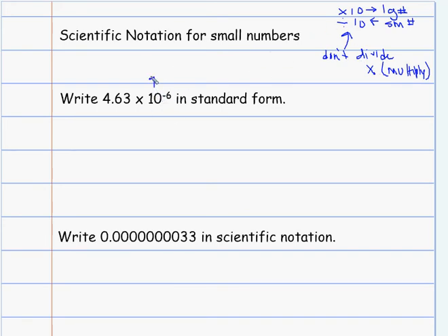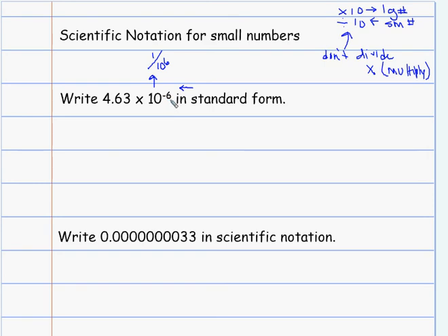So this is really 1 over 10 to the 6th power, which is dividing this by 10 6 times. So we are moving the decimal to the left, and I like that negative symbol. It kind of makes a little arrow going to the left, if that helps you remember. Otherwise, remember that a negative 6 means you're really dividing by that power of 10, which makes it a smaller number.